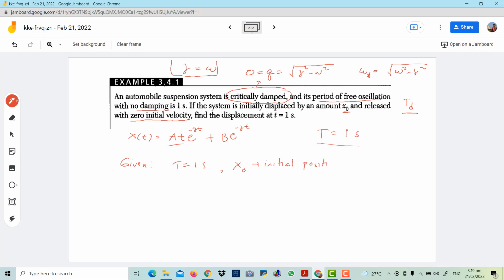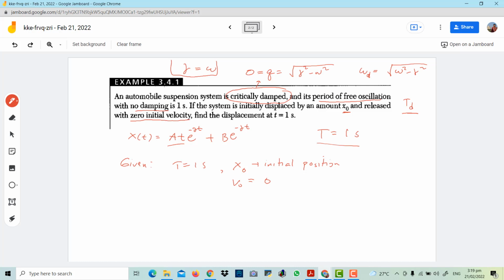While your v naught is equal to 0. Your initial velocity is given also, which is equal to 0. Take note, v naught is just equal to x dot naught. Initial position x, initial velocity x dot.